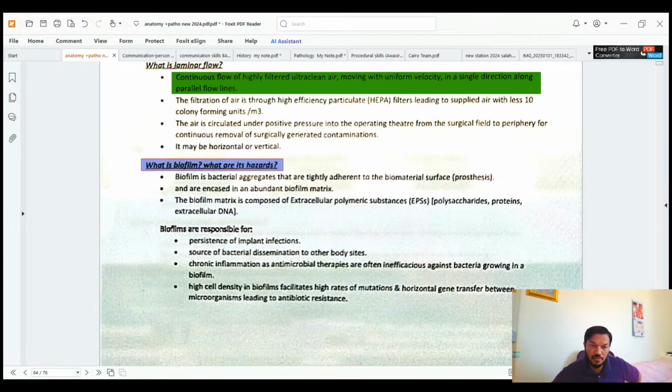Biofilms are responsible for implant infection and are a source of bacterial dissemination in the body.